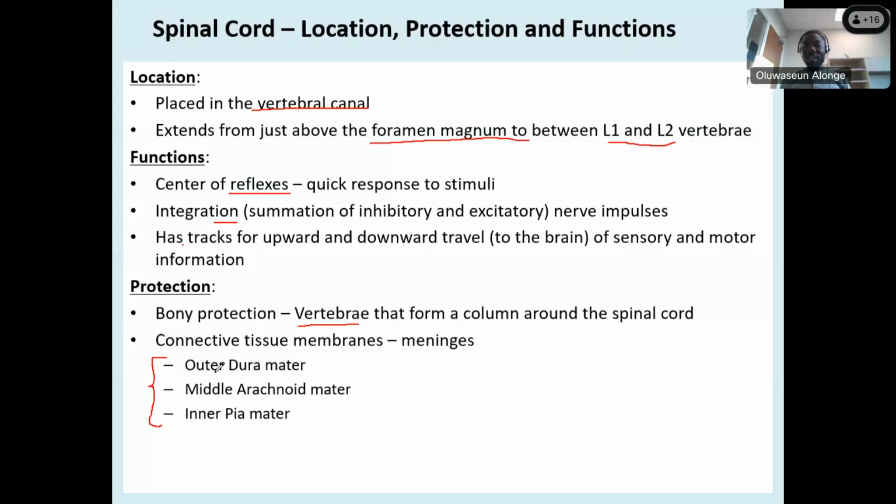Now, meningitis simply means inflammation of the membrane of the spinal cord or membrane of the brain. So that means you don't see meningitis in any other part of the body because you only have meninges in those areas. All right. And meninges simply means membrane that covers those organs or those structures. Now, the meningitis could be due to infection, which is why we take the vaccine to prevent it.